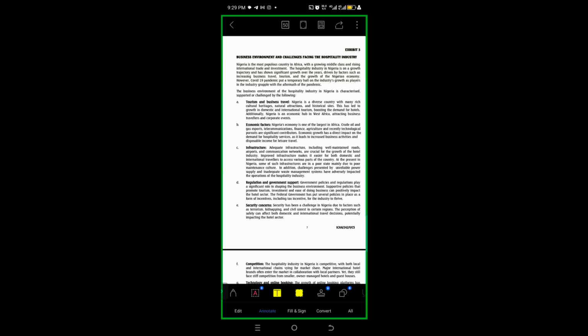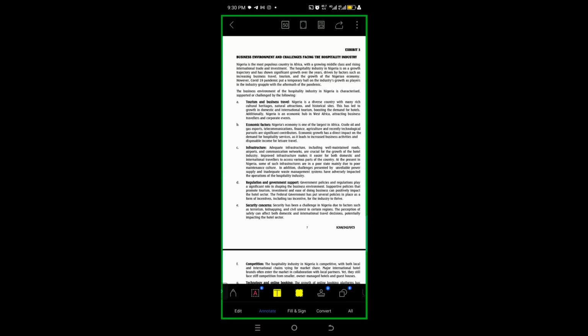However, the COVID-19 pandemic put a temporary halt on the industry's growth as players in the industry grapple with the aftermath of the pandemic. The business environment of the hospitality industry in Nigeria is characterized, supported, or challenged by the following.